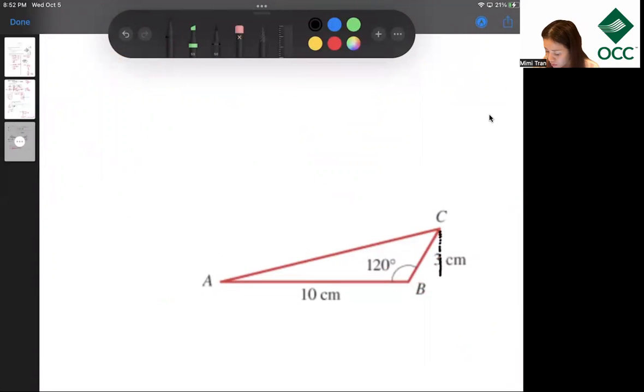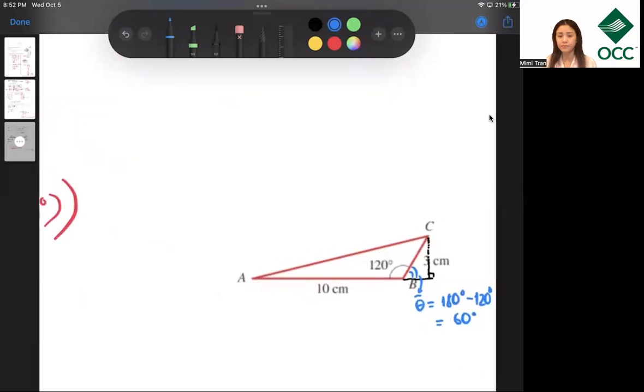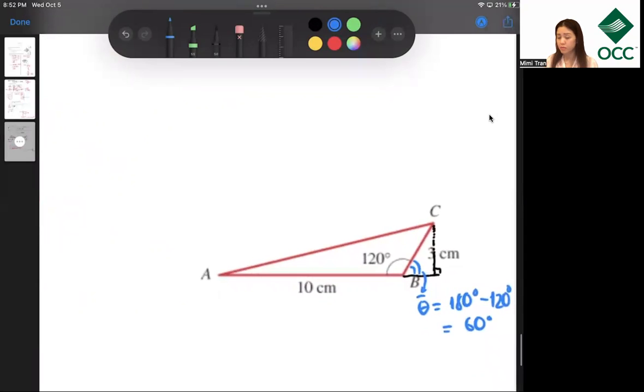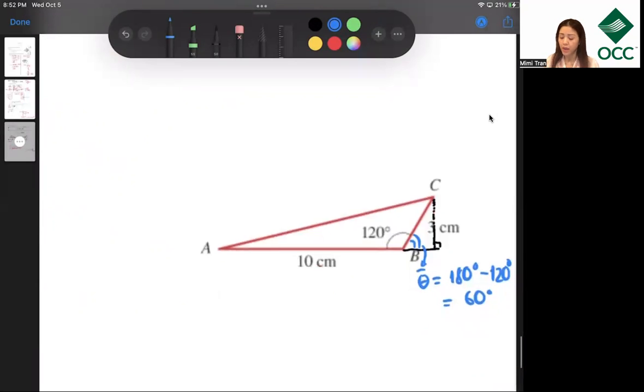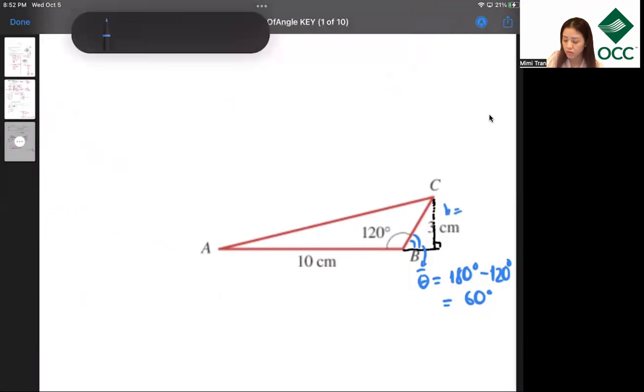Again, from C, I'm going to project h down in such a way that it connects to the extended a. Now I have a right triangle. That's my theta bar, which is 180 minus 120, which is 60 degrees. And h, right here, is unknown.